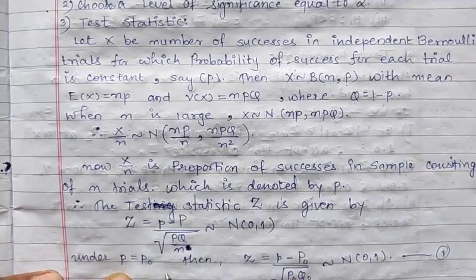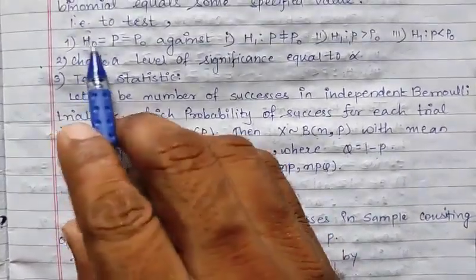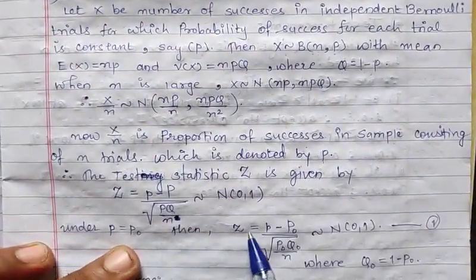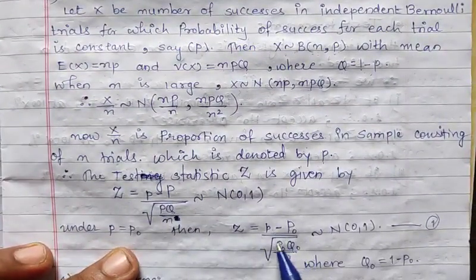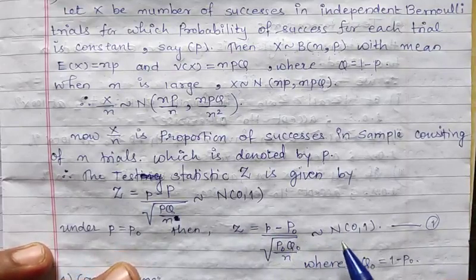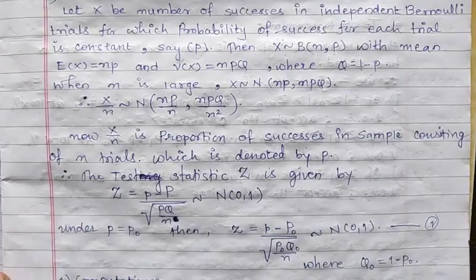Now under P equal to P naught, because we always check H0: P equal to P naught, we compute Z equal to small p minus P naught upon square root of P naught Q naught upon n. That is the standard normal distribution 0, 1. The value of Q naught will be 1 minus P naught.